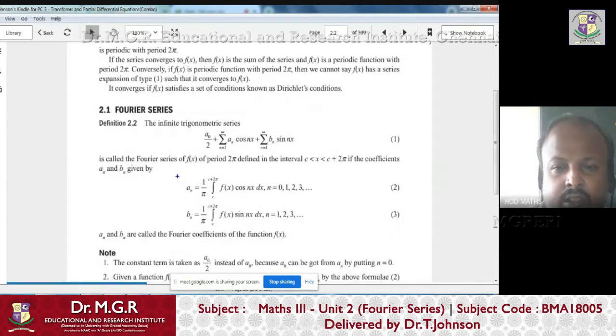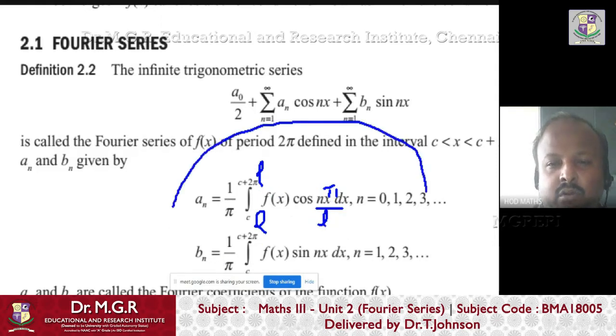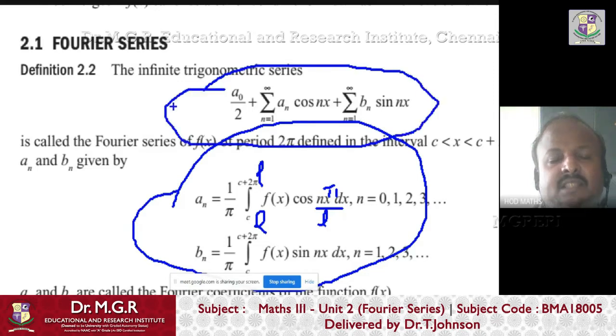Those who are attending offline classes know I put c to c plus 2l here, and then put n pi by l. But in place of l they put pi, so that the formula looks nice, and the Fourier series also looks nice.